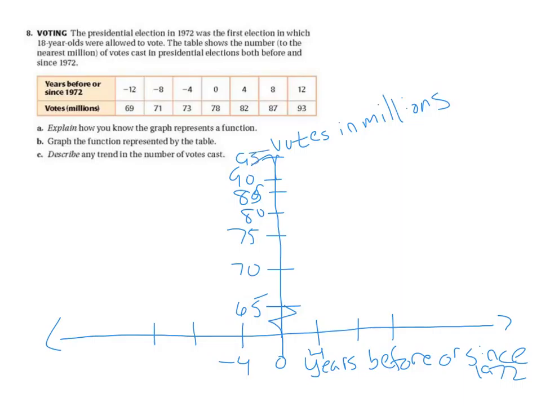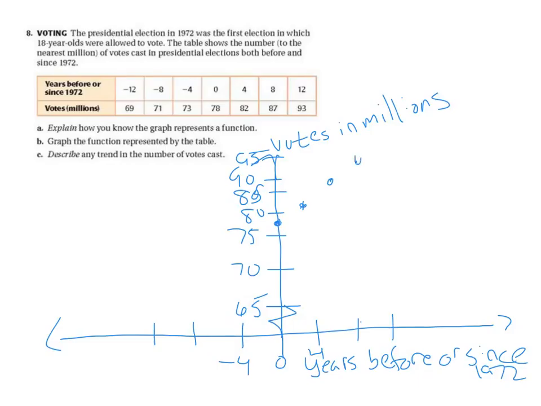So I'm going to start with the easy one. So 0.78 would be approximately there. And then 4.82, I'm just graphing the positive ones first. And then 8.87, 12.93.